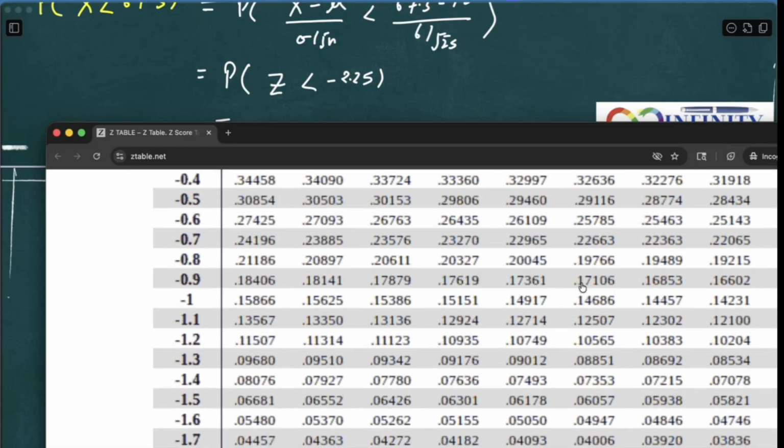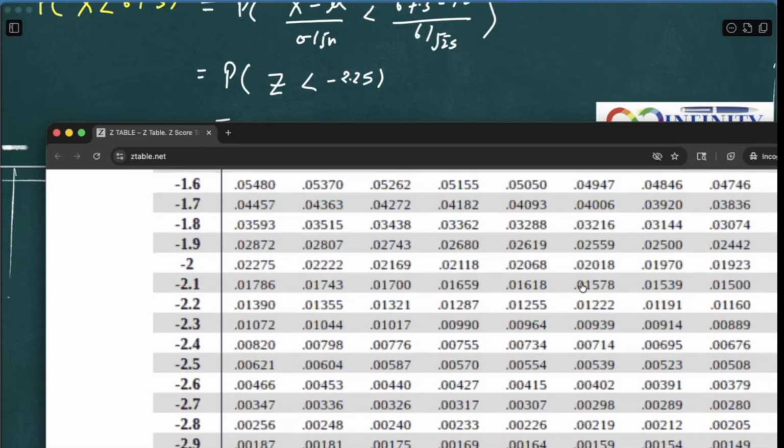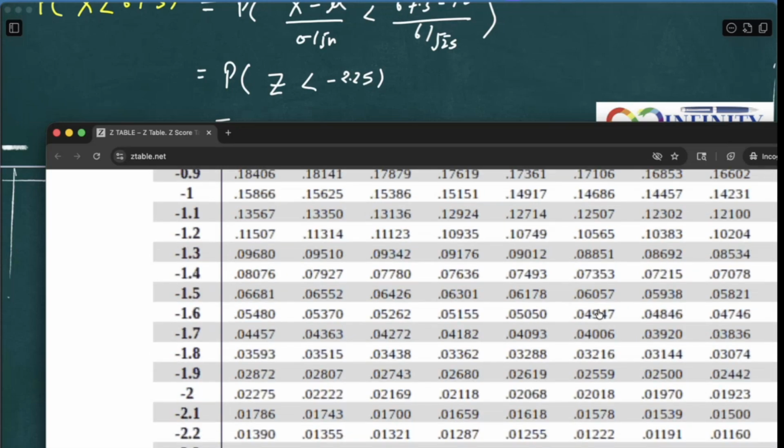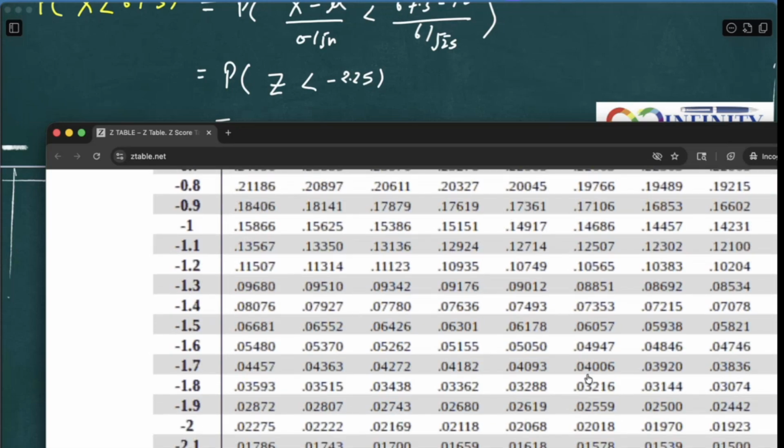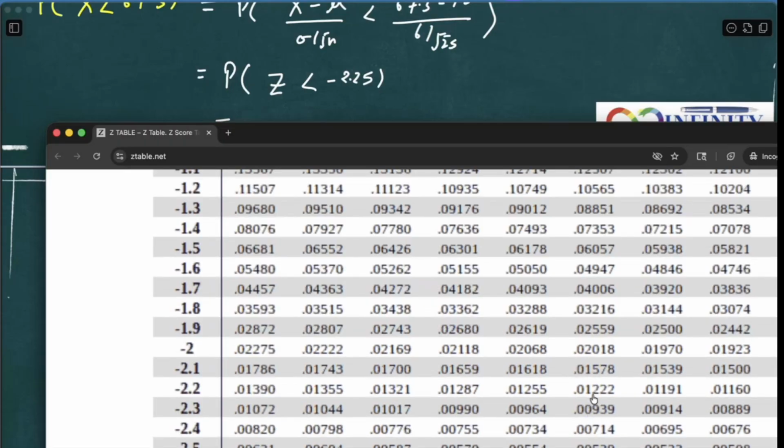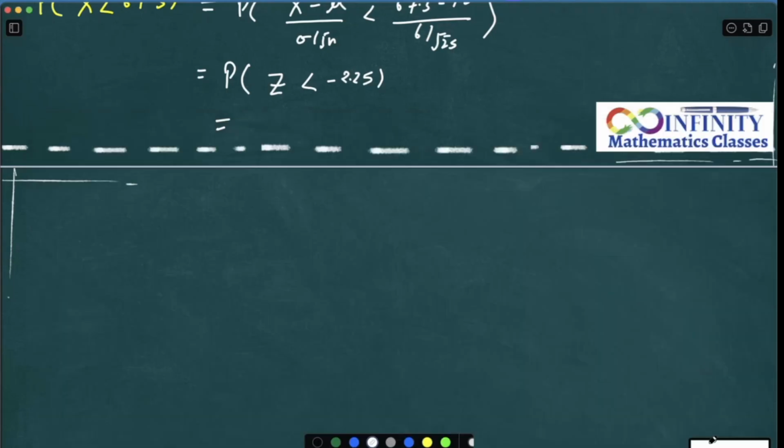Whenever it is negative 2.25, you start with the first two digits, negative 2.2, and then the column. You are right, so I'm writing this value.